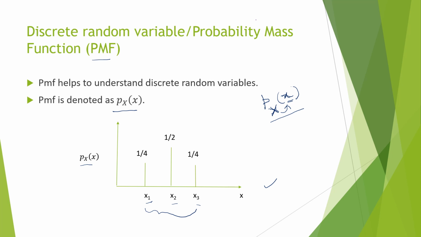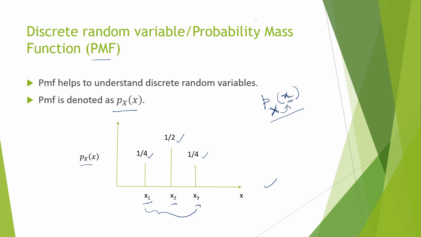The probability of the random variable taking the value x1 is 1 by 4. The probability of random variable X taking the value x2 is 1 by 2. The probability of random variable X taking the value x3 is 1 by 4.